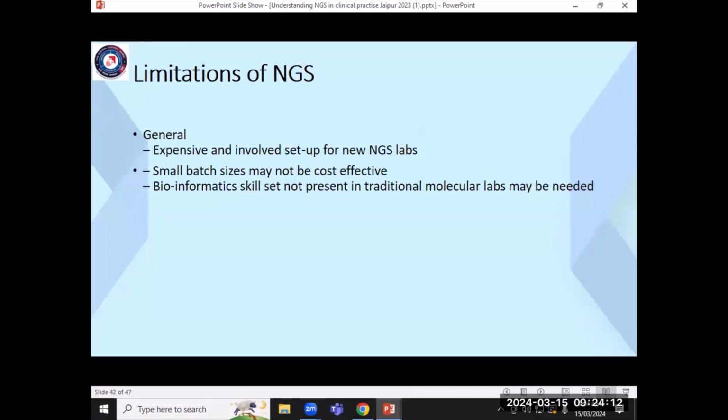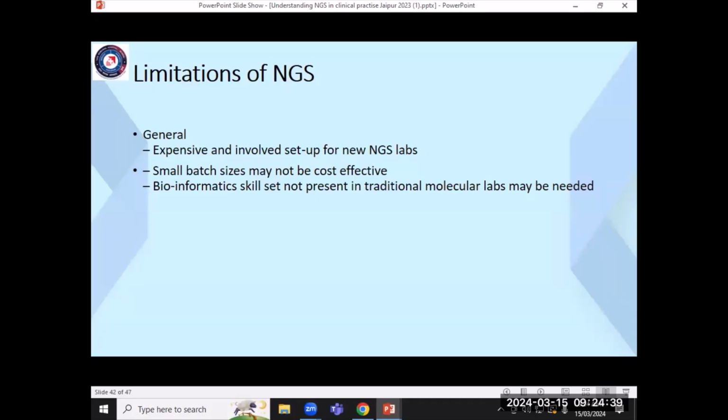Limitations: the initial setup is quite expensive, the reagents are quite expensive, and the way you get those reagents might not be that conducive. Small batches are not effective. Sometimes when you're sending a liquid biopsy, if it is only one sample, because you need to run a very high depth of coverage, running just one blood sample might not be cost effective. Kumar sir is smiling. So we need more and more samples so that you can run everything in one batch, so it becomes cost effective.